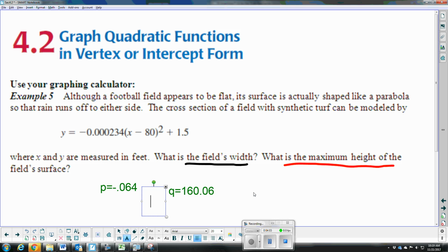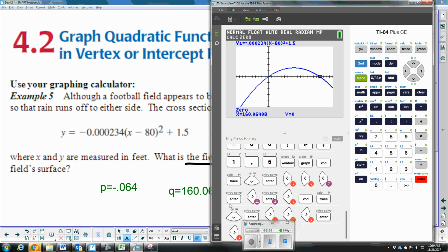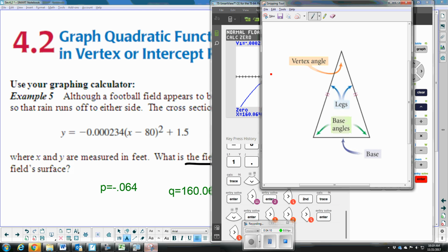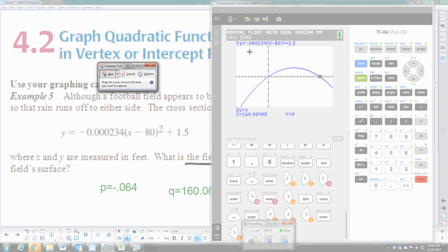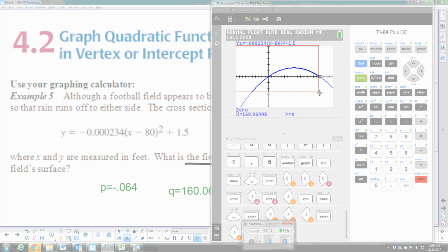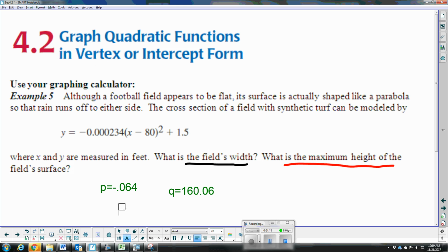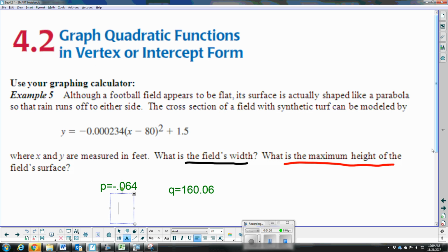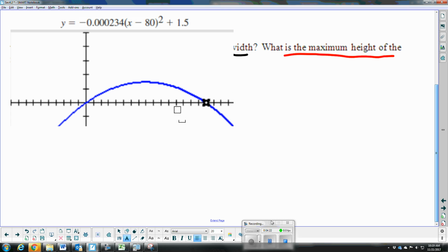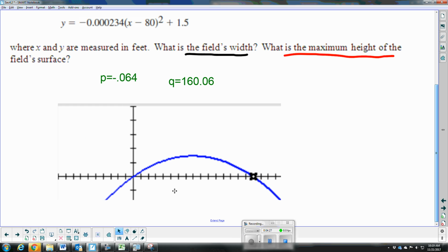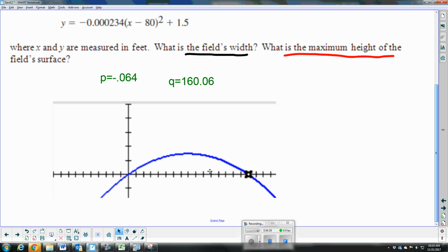Okay, so now that we have our p and our q, we can find our width. Our width is going to be of this parabola. I'm going to put it in the notebook here for a second. So of this parabola, we're looking for this width right here.